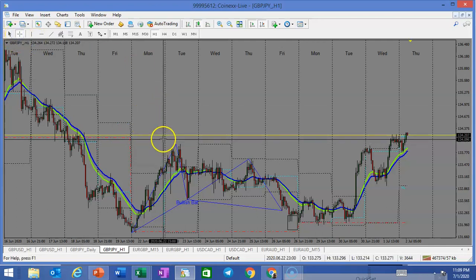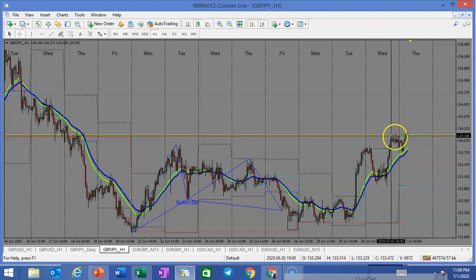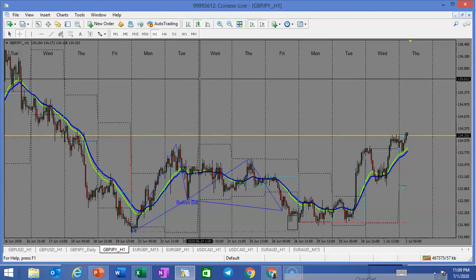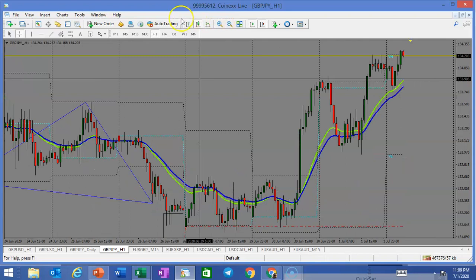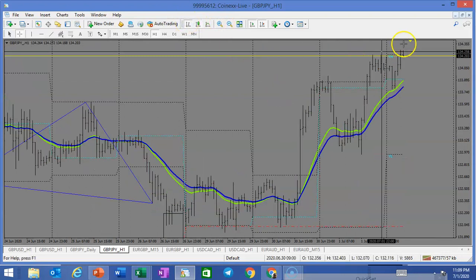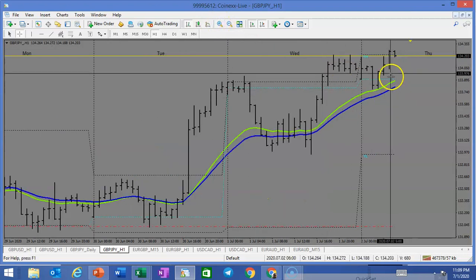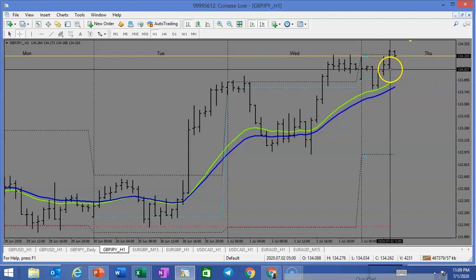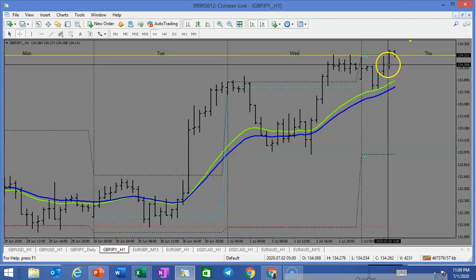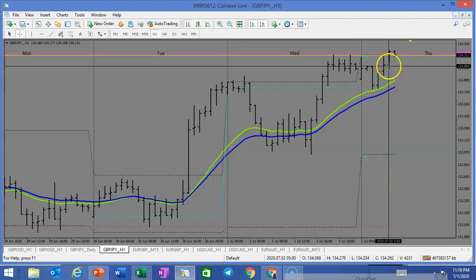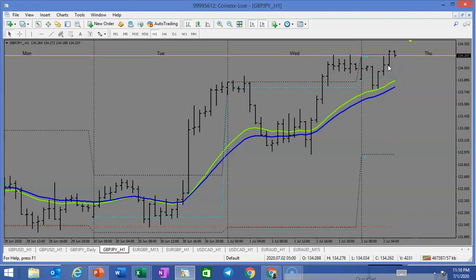So finally, price has closed above. And how do I know price has closed above that? Well, I can show you by changing my candles. This is the previous hour, this 10 a.m. Price opened here, wicked down here, and closed here.